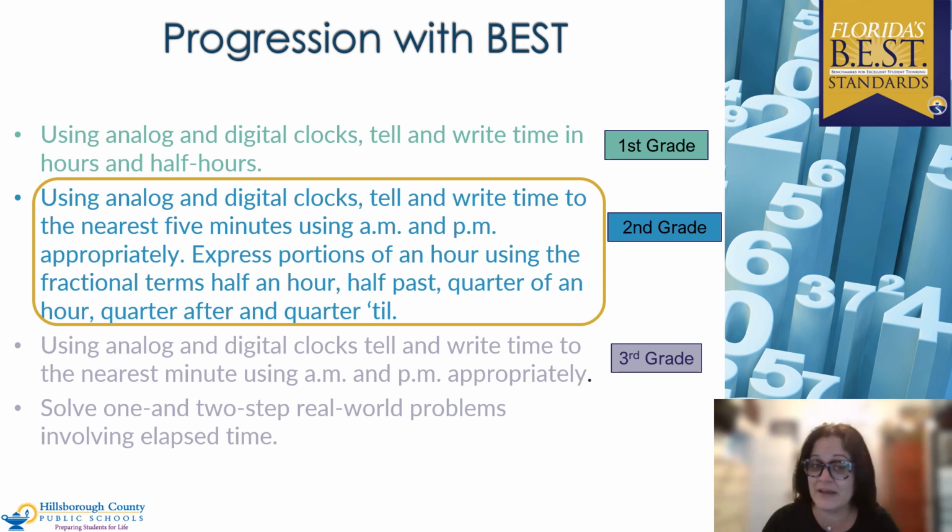They will be telling time to the nearest 5 minutes. Something that is also new to second grade is that they will be using AM and PM, which will then build upon what they learn in third grade, where they're telling time to the nearest minute using AM and PM, as well as solving problems that involve elapsed time.